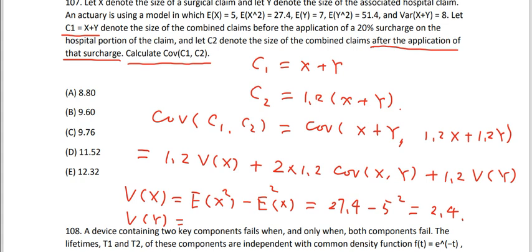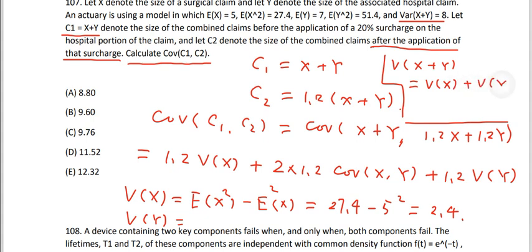So for covariance xy, let's say the variance of x plus y equals a. This variance equals Vx plus Vy plus 2 covariance of xy, right?